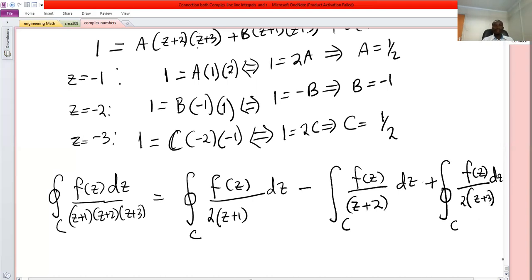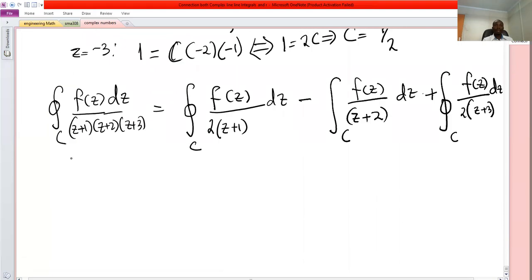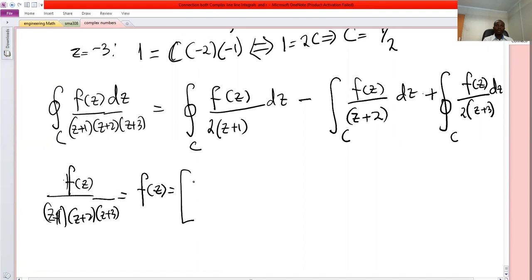What made me write this is that I had f of z over (z plus 1)(z plus 2)(z plus 3). After decomposing into partial fractions, I have f of z into a over z plus 1, plus b over z plus 2, plus c over z plus 3.